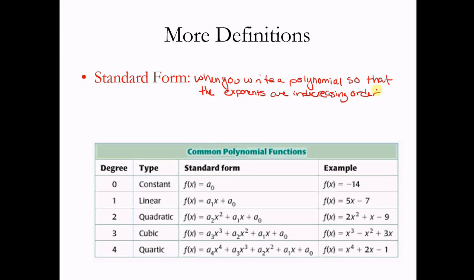So they're going to go down as you write them. You start with x to the 4th, then x to the 3rd, then x to the 2nd. That is standard form: writing it so that your exponents go in decreasing order.